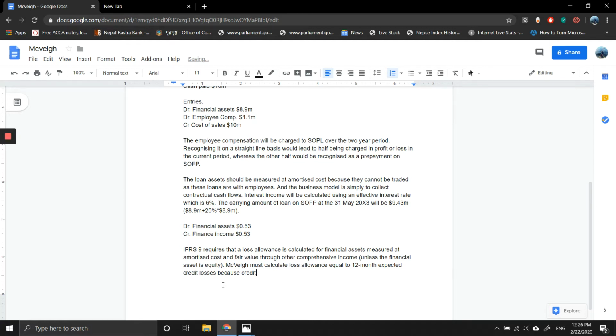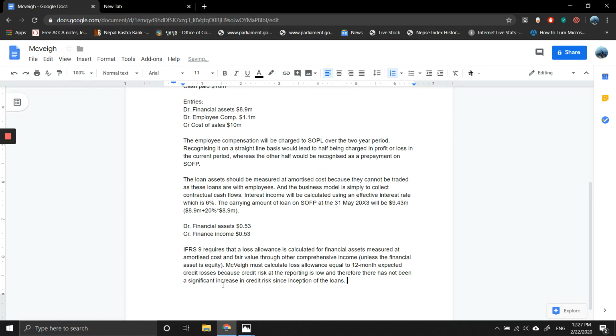Because credit risk at the reporting date is low, and therefore there has not been a significant increase in credit risk since inception of the loans.